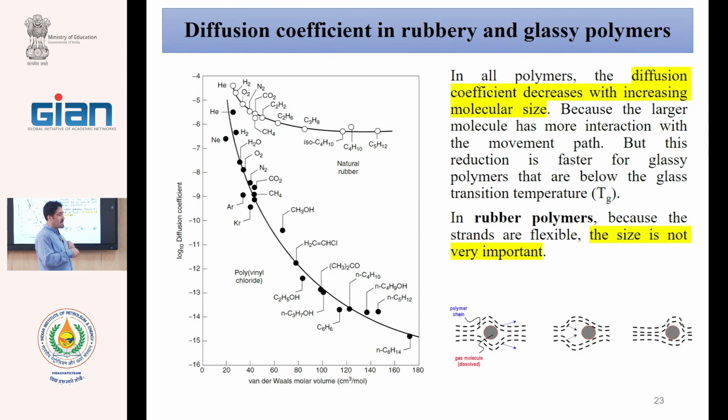Our diagram is logarithmic. The selectivity between hydrogen and nitrogen is about 100 times. That means PVC selectivity for nitrogen and hydrogen is 100.